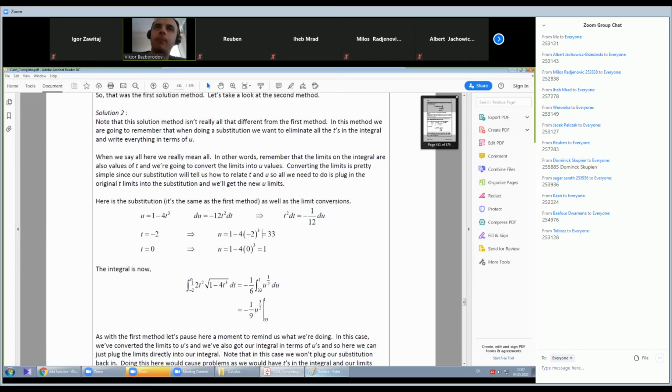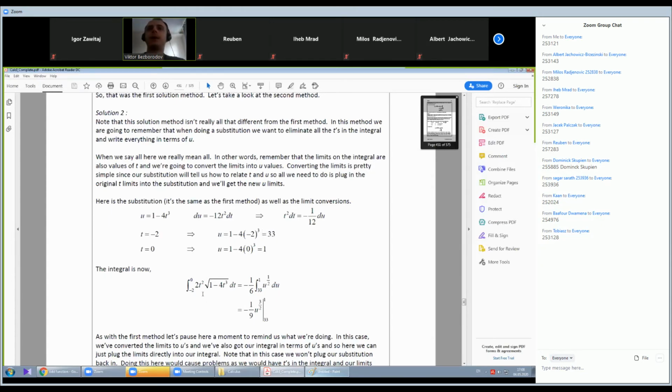You change not only the variable, but also the limits, you see? And then this is correct. If you had 0 and -2 here, that would be wrong. But because you change the variable and you also change the limits of integration, then it's fine. Then this is legal and you can do it in computation.